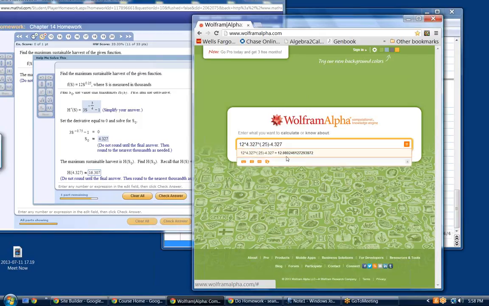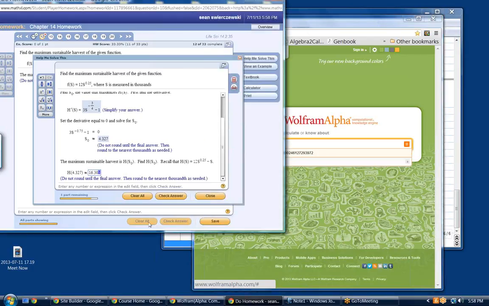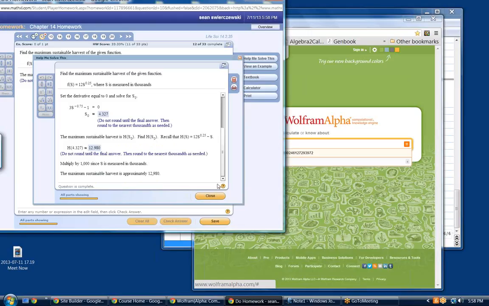So now it's 12.980. Okay. So we know our harvest function is this thing minus s. All right, for the next one.